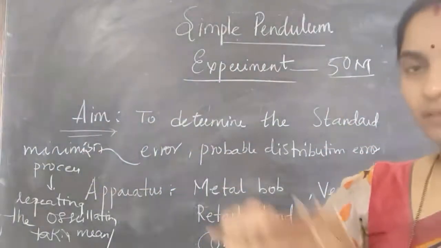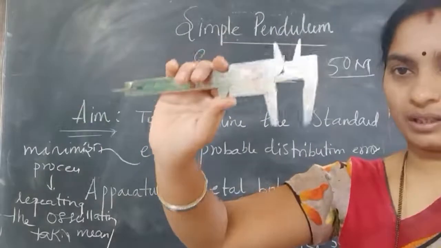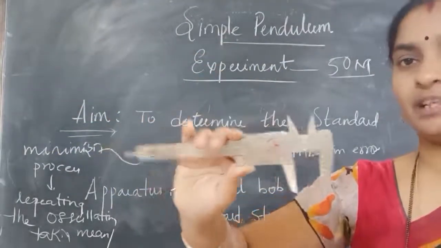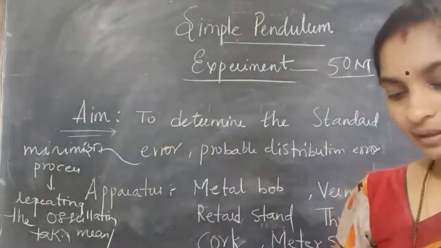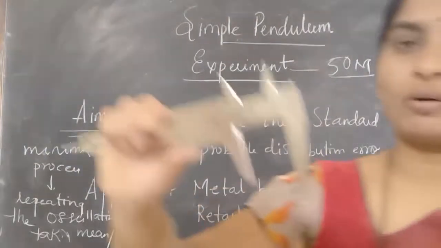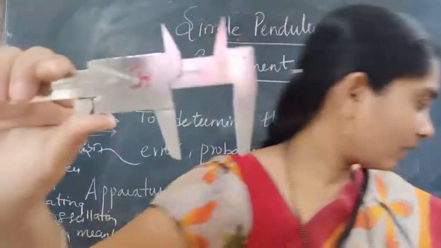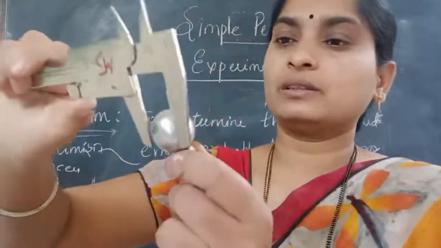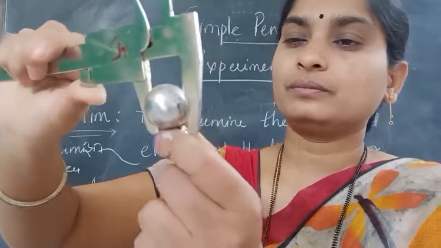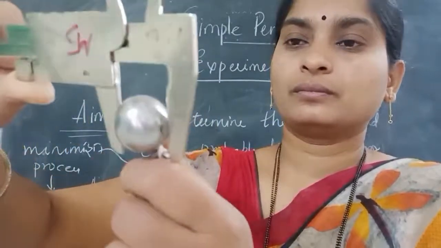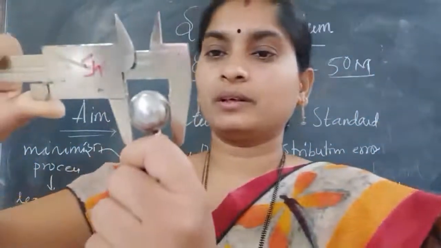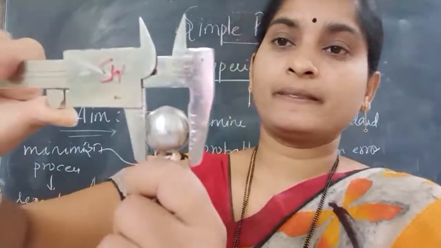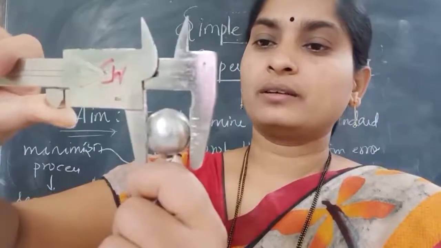Okay, why are we using this vernier calipers? For what purpose? In this experiment, for calculating the radius of the bob. Okay, how do we calculate the radius of the bob? Like this. Keeping it between the two jaws and making it tight.